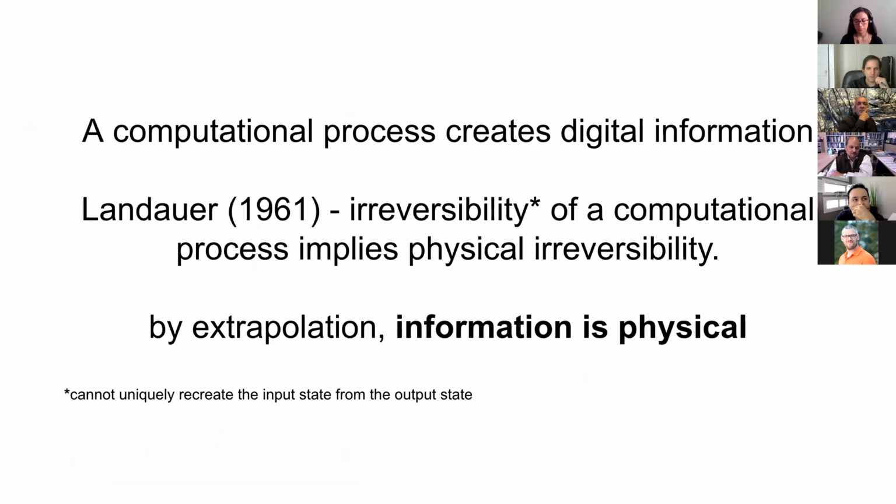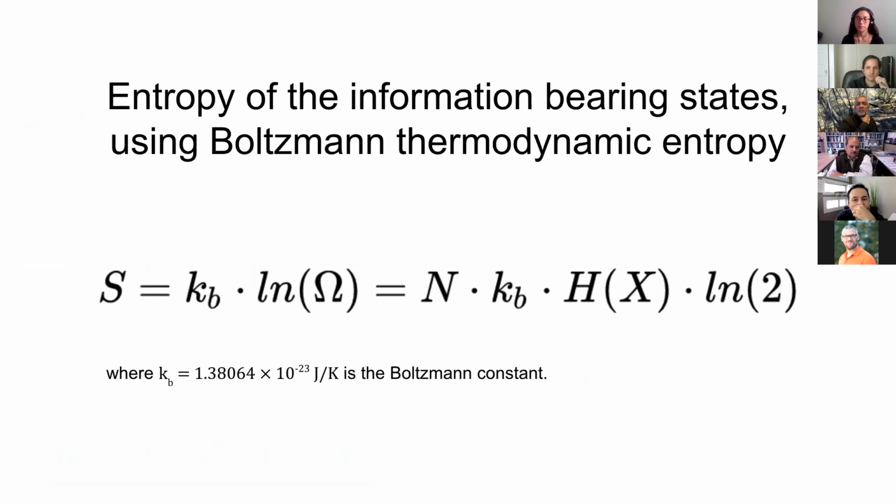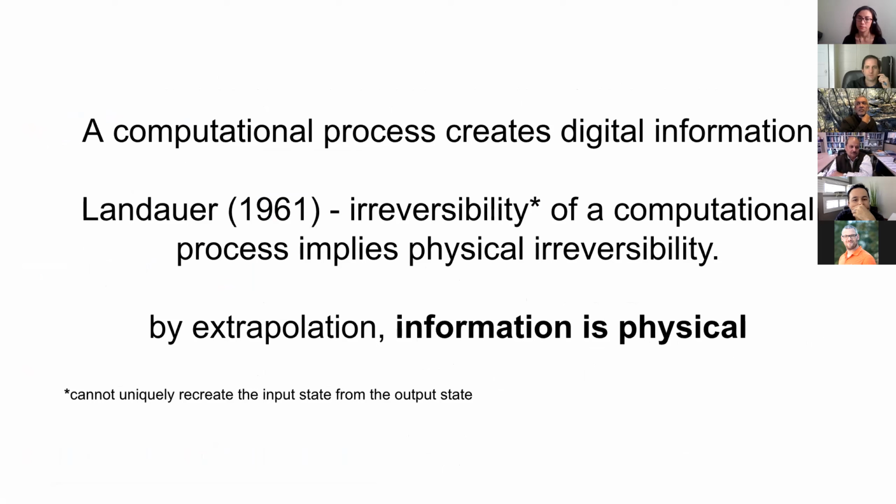So the connection of the information to something physical comes from the irreversibility of the logic or the computational process, not the notion of the entropy. Okay. Yeah, I guess I have to study it more before having a real opinion about it.